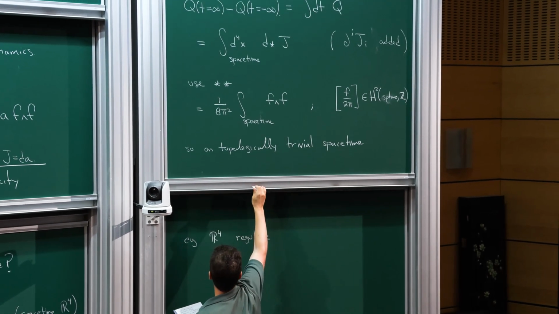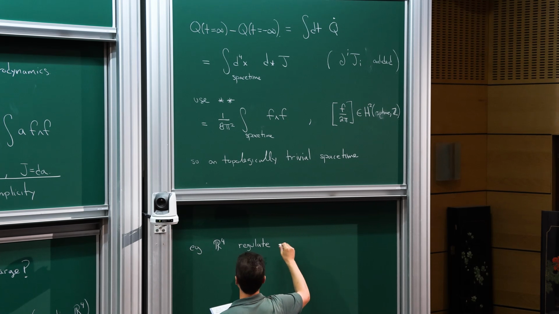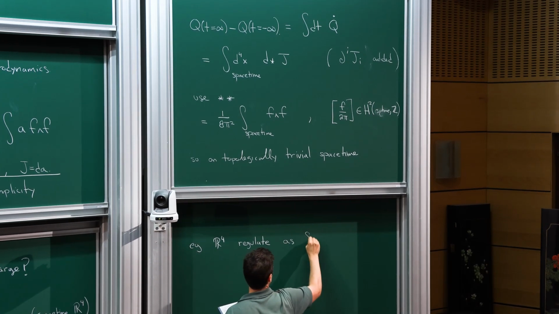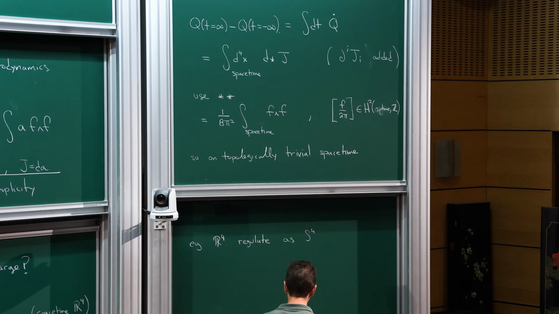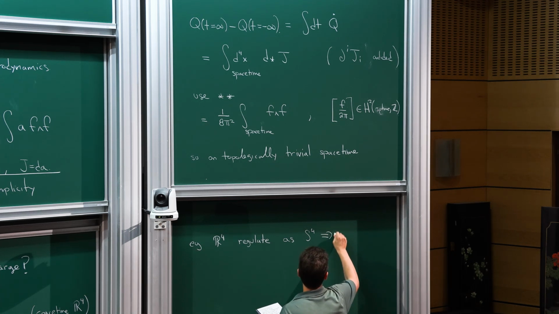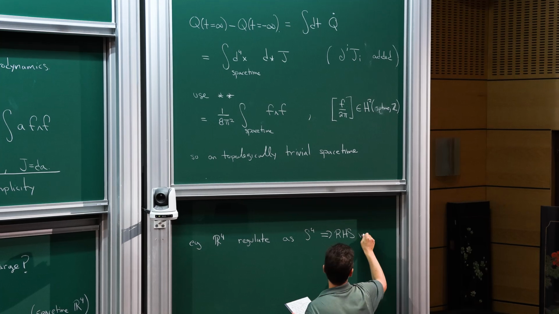Typically, we have to say a little bit more sophisticated thing, so we regulate it as a big 4-sphere. Then there are no 2-cycles. There is no topologically non-trivial flux, and that is an integral which is sampling whether this F defines a topologically non-trivial class. So this implies the right-hand side vanishes.